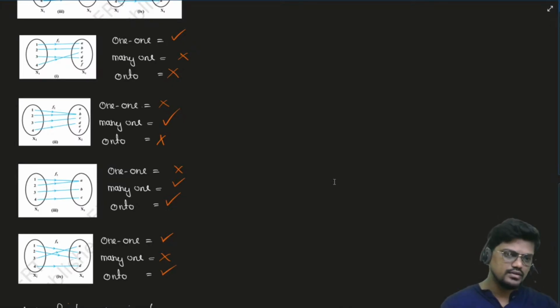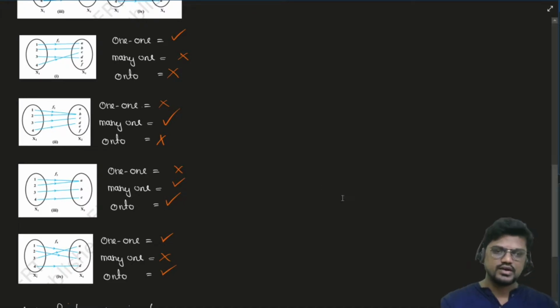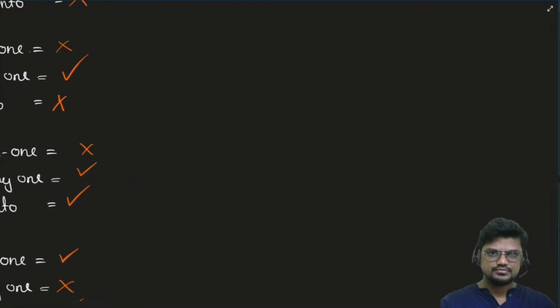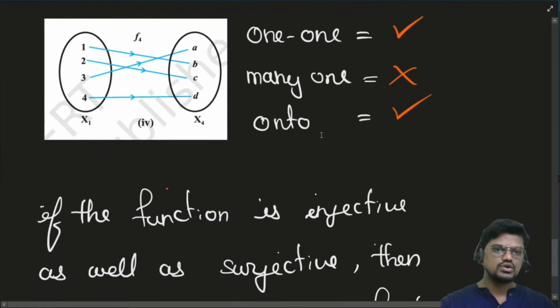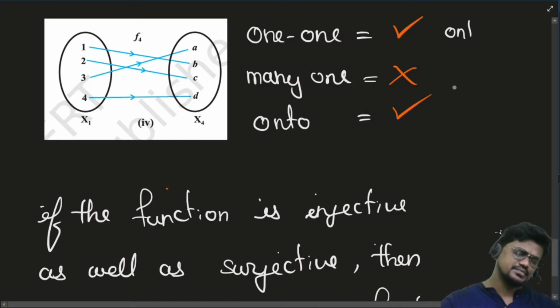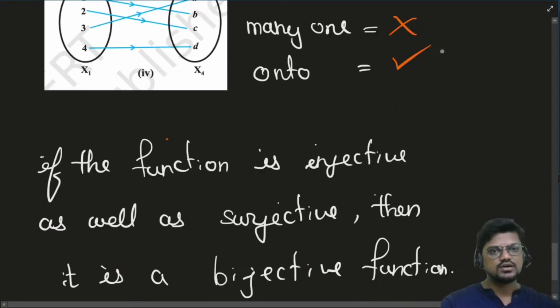Injective means one one and surjective means onto. Very good, both of you are right. The fourth one is injective as well as surjective.